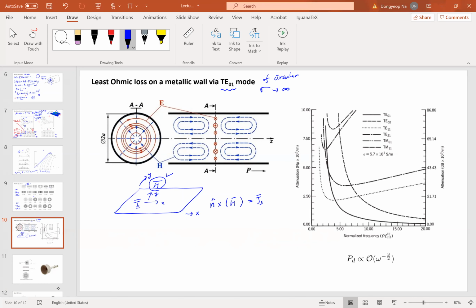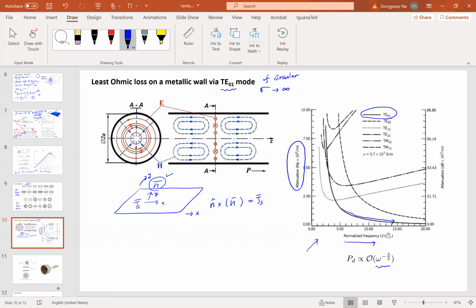And furthermore, if we look at this figure, if we increase the frequency, the loss is minimized in the TE0 mode case. Here, Y is the attenuation parameter, which is a function of this loss. So that's why we are using TE01 mode of the circular waveguide for various high power applications.